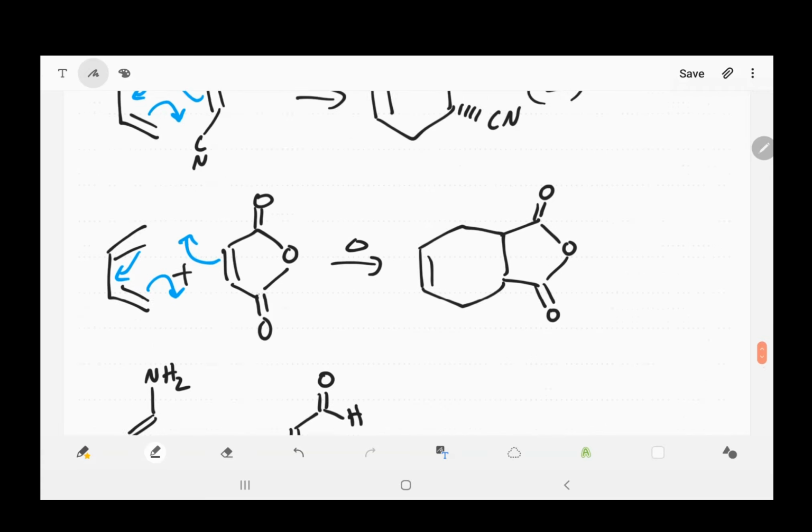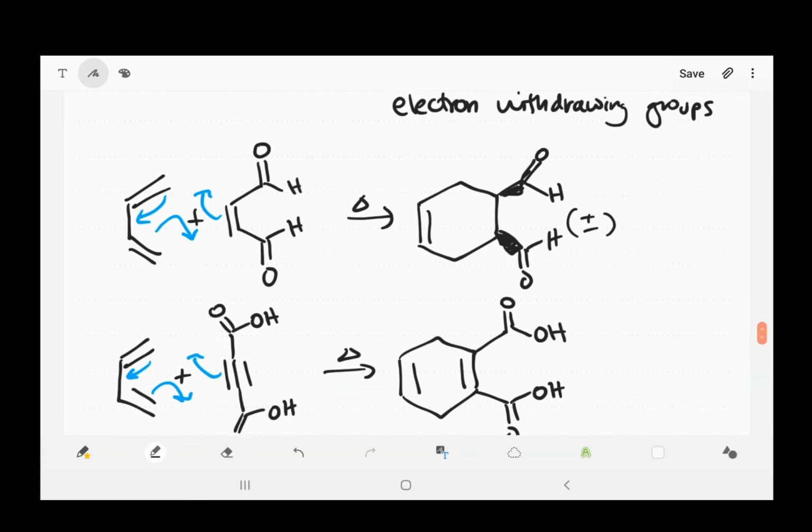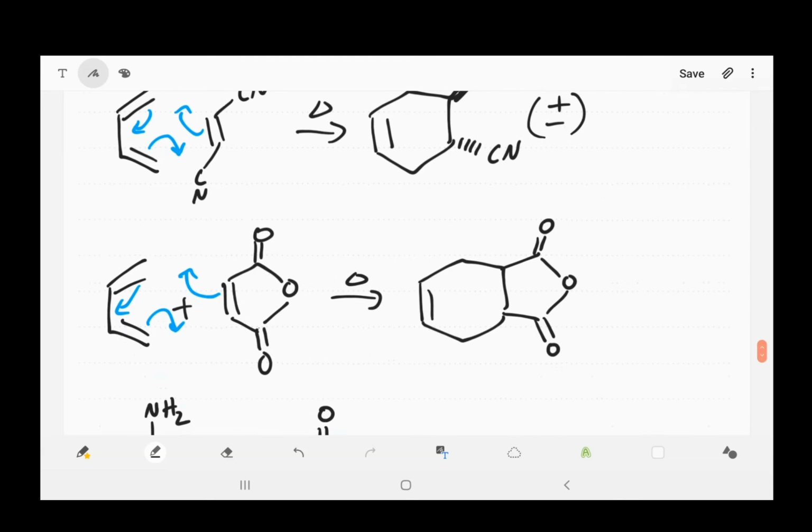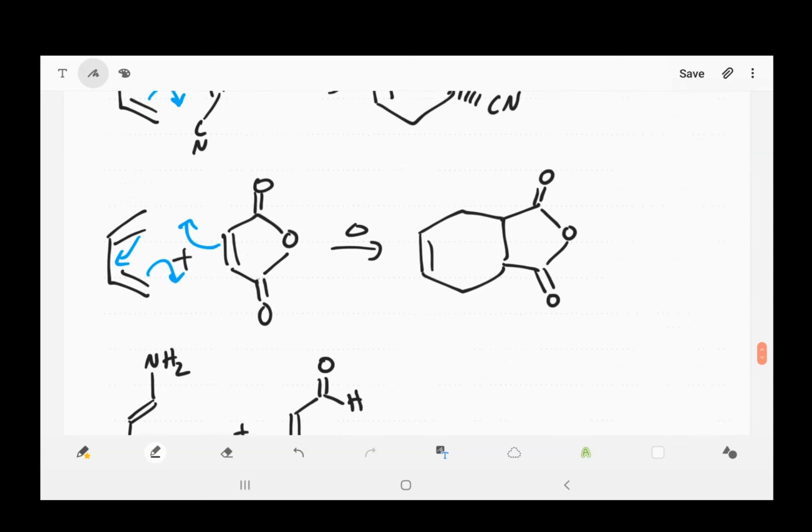All these previous ones I've given you have been symmetrical. And so we end up with one product. Plus or minus an enantiomer or whatever, that's okay. Essentially one product.